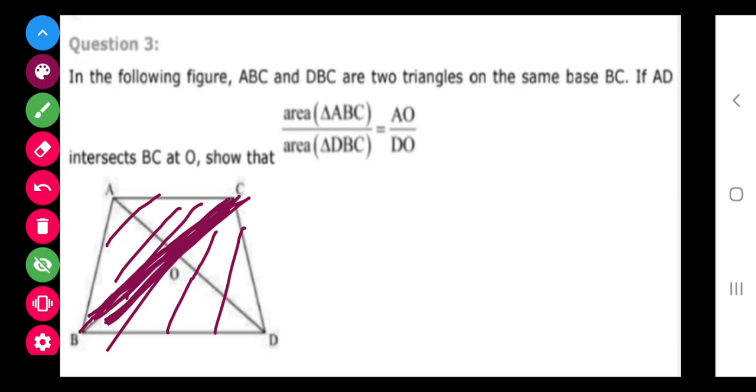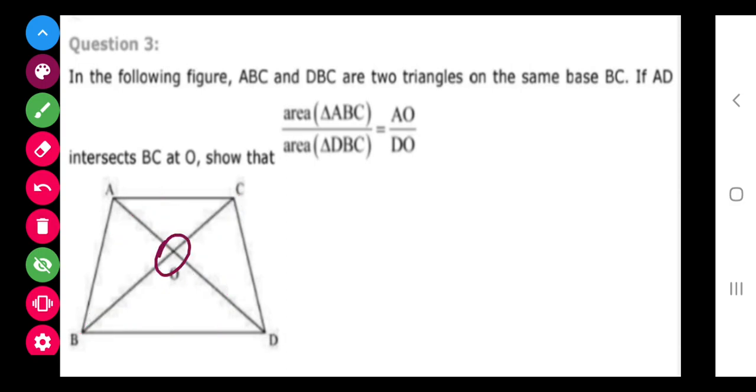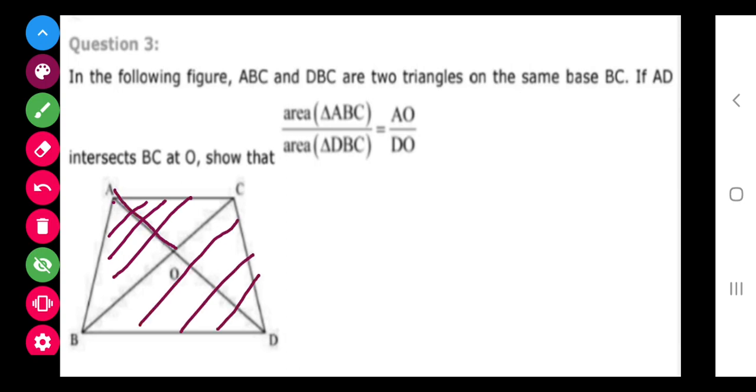AD intersects BC at O, this point. Show that area of ABC upon area of DBC equals AO upon DO. Now we have to prove area of this upon area of this equals AO upon DO.